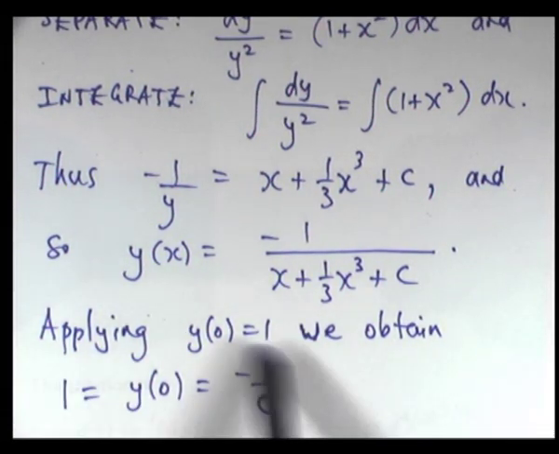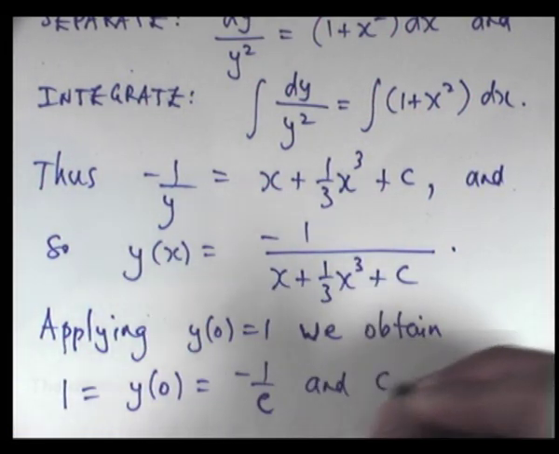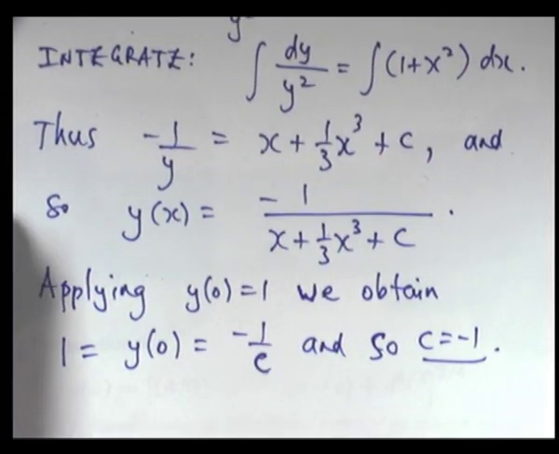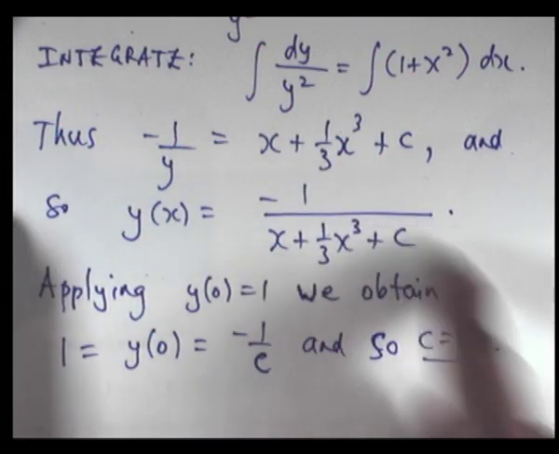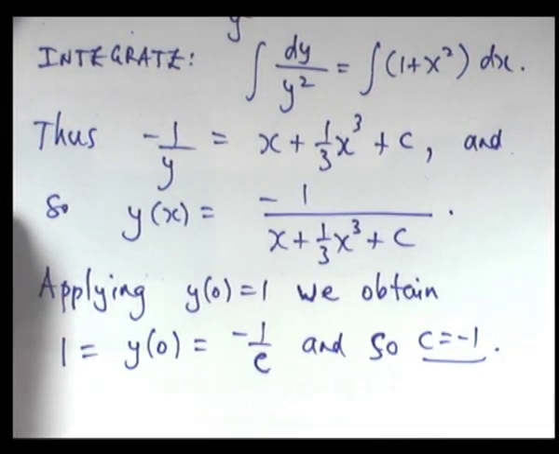So if I rearrange this, C's got to be minus 1. So what I can do now is go back to my general solution, substitute C equals minus 1 in there, and I obtain my final answer.